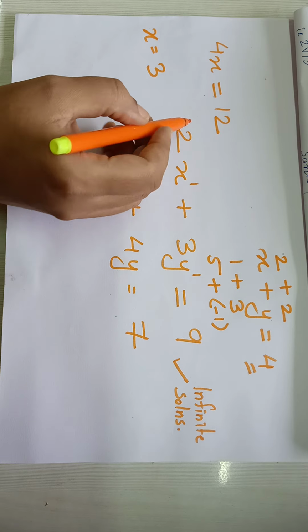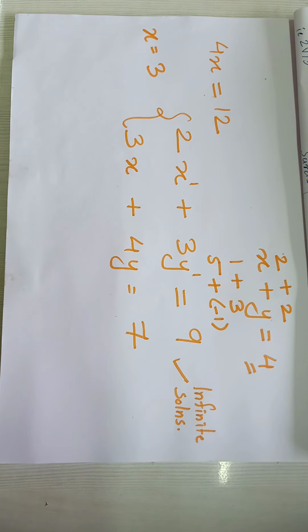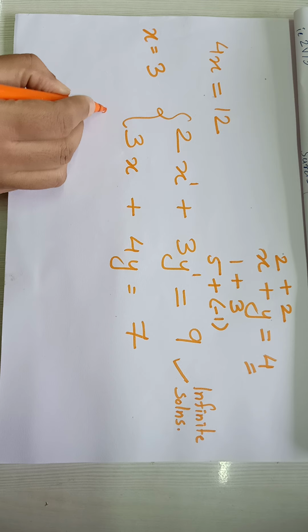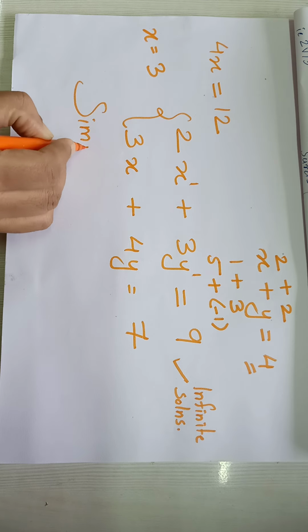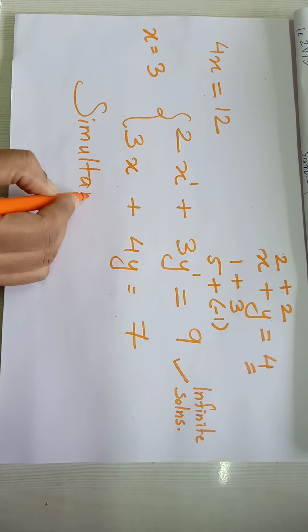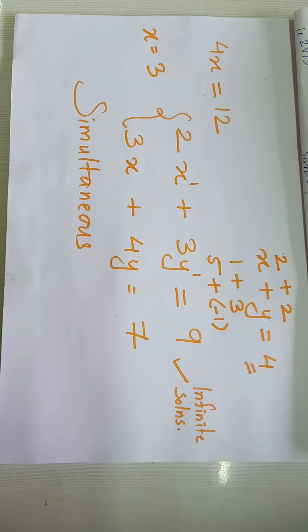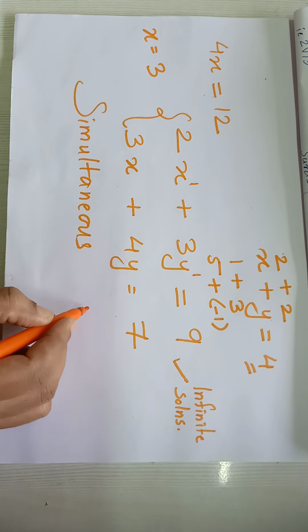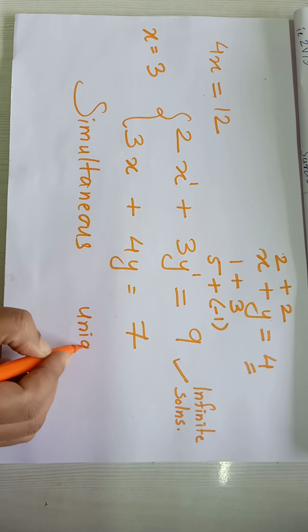But when you solve two linear equations together as a pair, we call such solving simultaneous solving. Simultaneous solving means you solve them together. You get the value of x and y which satisfies both the equations. So such solving is called simultaneous solving, and you will have for the pair a unique solution, only one solution.